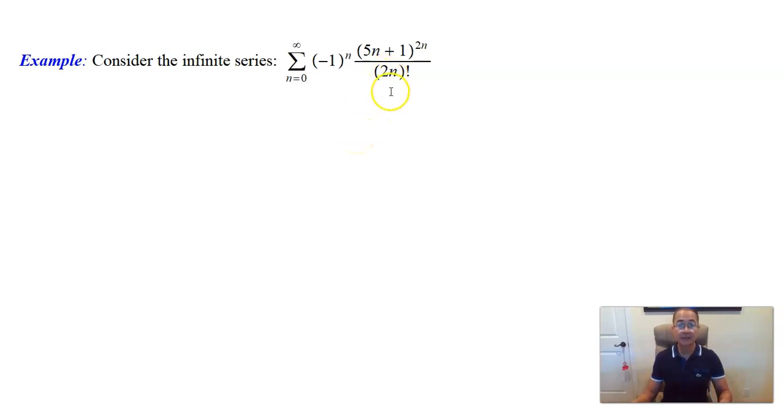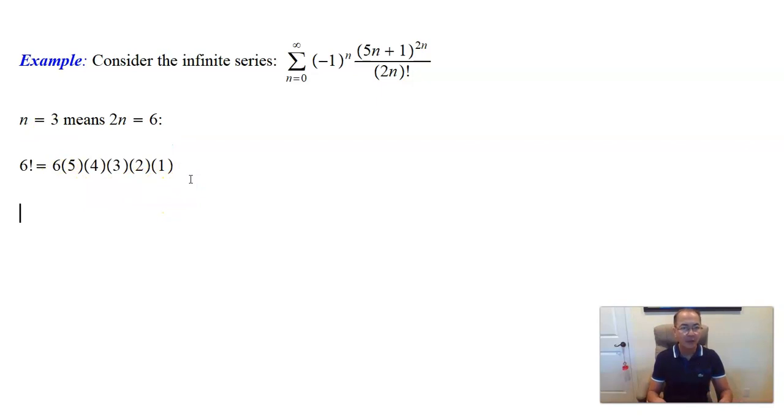2n is an even number, okay? So we already saw that we can get 6 factorial, which is 6 times 5 times 4 times 3 times 2 times 1. We know it's 720, but the point here is to look for patterns, okay? So if n is 3, n equals 3 means 2n equals 6, and we get 6 factorial to be this.